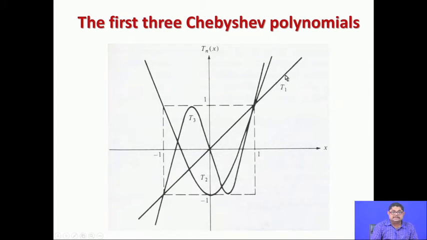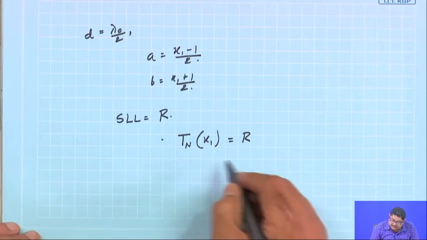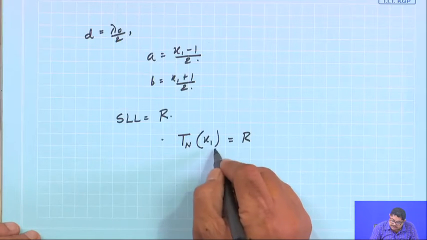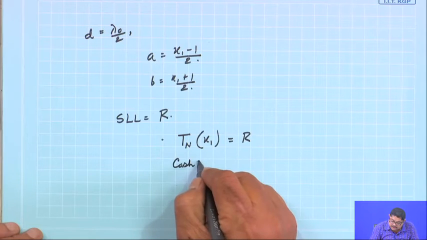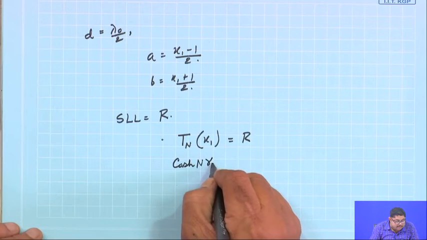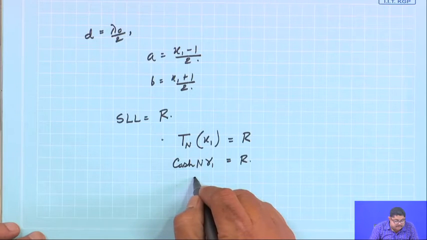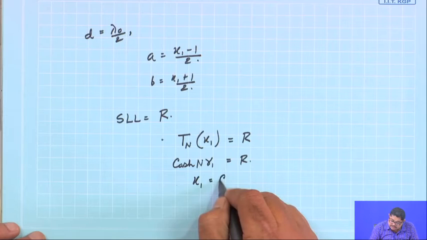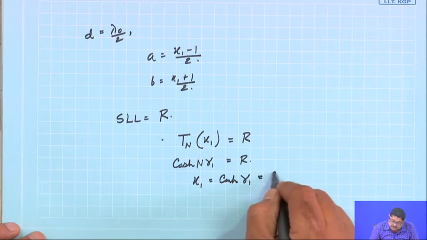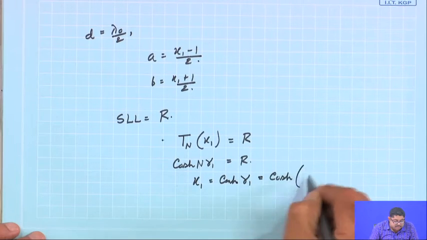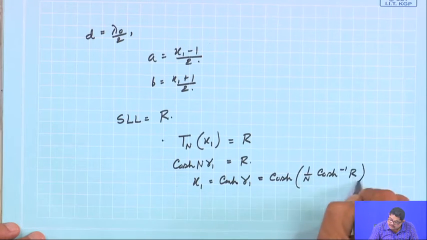So, if SLR is this, then I will put it here, and hence what is Tn x 1? If you look at its expansion, it is cos hyperbolic n gamma 1 is equal to R, and so this x 1 is cos hyperbolic gamma 1, which is equal to cos hyperbolic of 1 by n cos hyperbolic inverse R.